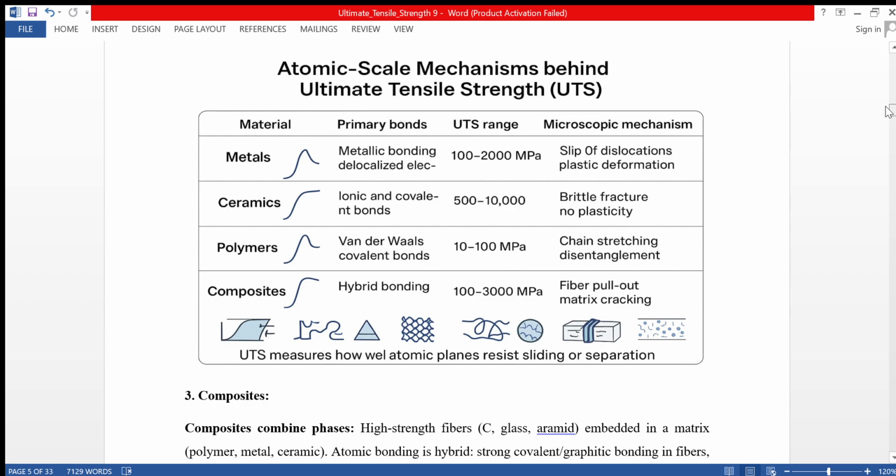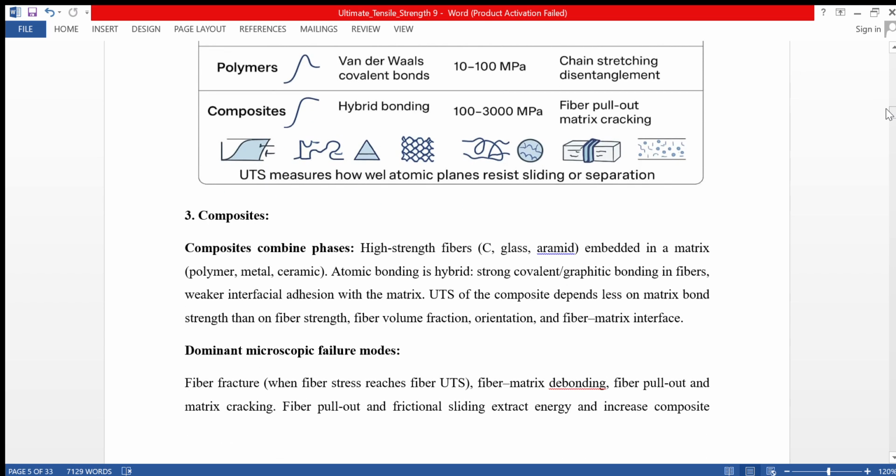Next point is composites. Composites are high strength fibers embedded in a matrix. Atomic bonding is hybrid: strong covalent or graphitic bonding in fibers, weaker interfacial adhesion with the matrix. UTS of the composite depends less on the matrix bond strength than on fiber strength, fiber volume fraction, orientation, and the fiber matrix interface.